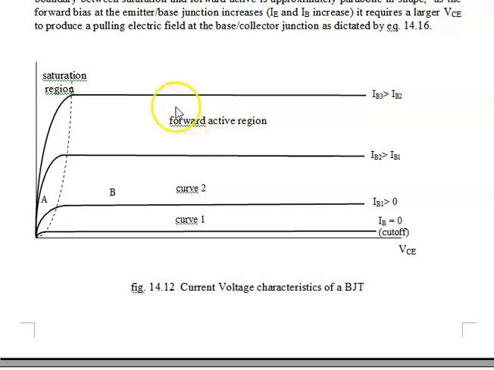So this allows for the possibility of amplification, and you notice that the output current does not depend on the reverse bias. As long as the reverse bias is enough to suck all those holes in an NPN transistor, then it doesn't matter what the magnitude of that voltage is. So we'll continue this next time.